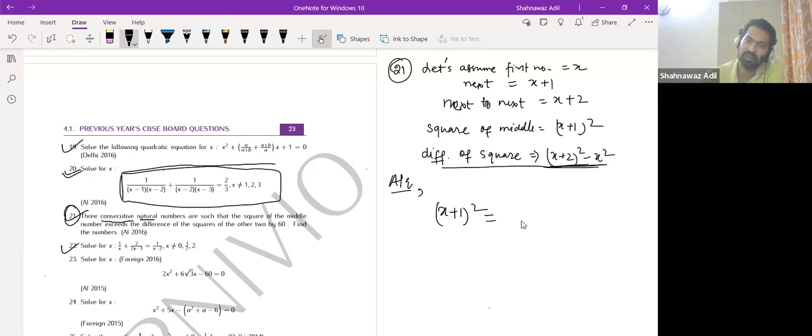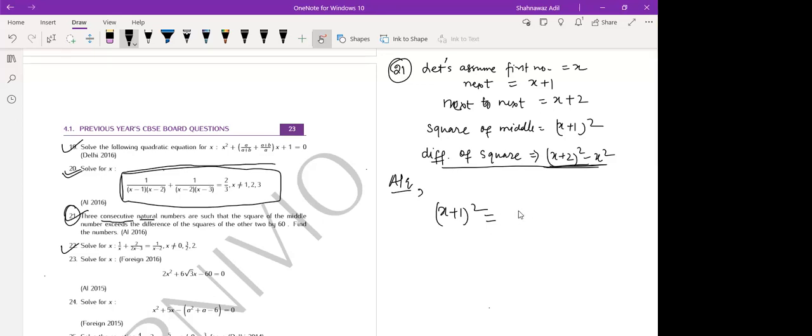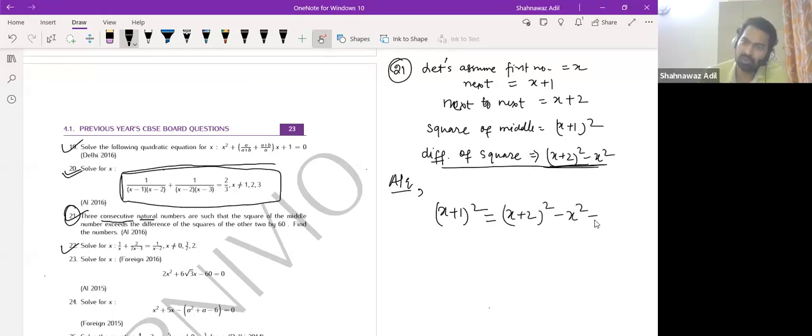So this is equal to x plus 2 the whole square minus x square plus 60. Good. So you see that this middle term square exceeds by 60 the difference of these two squares.